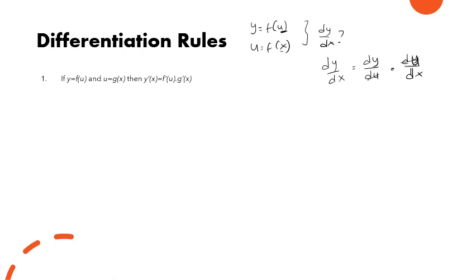So it becomes dy/dx. So this is what we call the chain rule. dy/du you can derive from y as f, the function of u, and also the derivative of u against x. Okay.